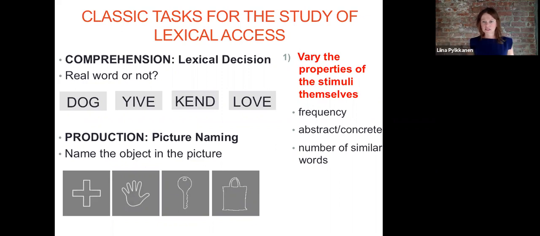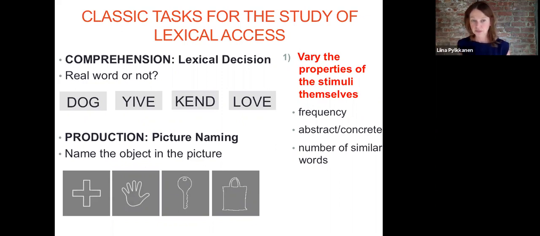Whereas something like yucca, a yucca plant, is much rarer. So you'll have a much harder time generating lots of words that sound like yucca. Okay, so that's a much rarer combination of sounds. So these would be manipulations where you're varying the properties of the words that you're showing to your subjects.